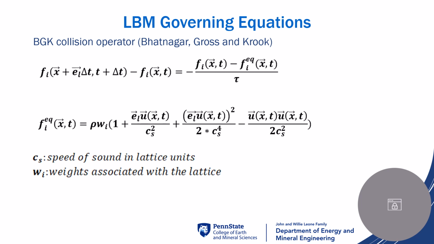The equilibrium function fi^eq is shown below. It depends on the local density ρ, the macroscopic velocity vector u, and the direction vector ei. This expression ensures the method reproduces correct fluid behavior, capturing momentum and energy transport. Constants like Cs, the lattice speed of sound, and wi, the lattice weights, are tuned to maintain consistency with the Navier-Stokes equations.